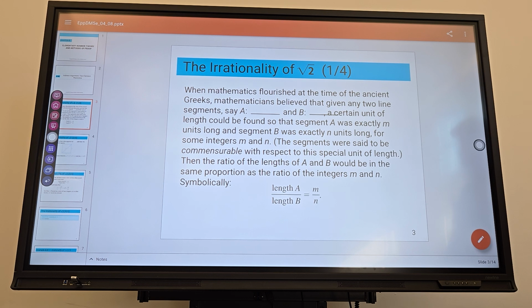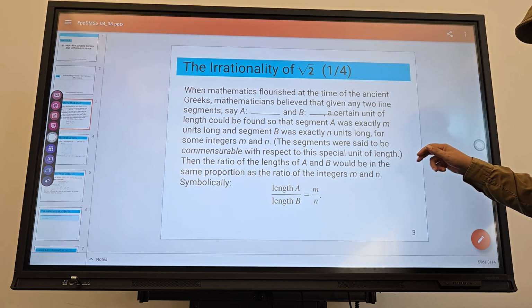The segments were said to be commensurable with respect to the special unit of length. Then the ratio of the lengths of A and B would be in the same proportion as the ratio of the integers m and n, symbolically represented here.